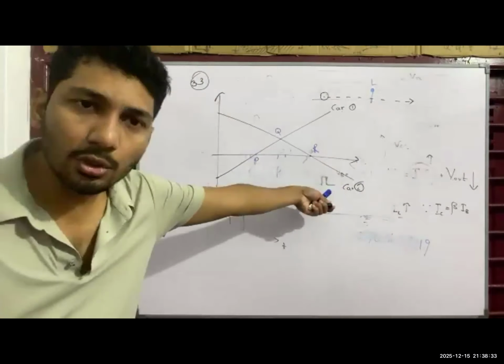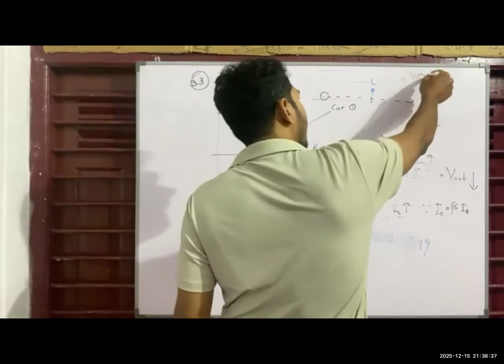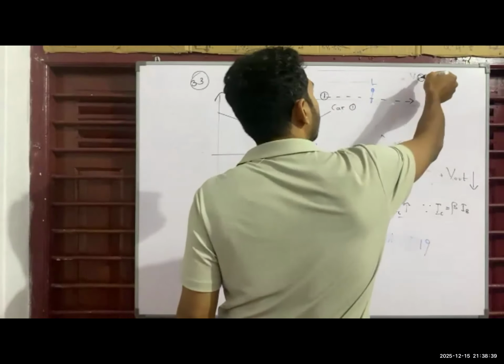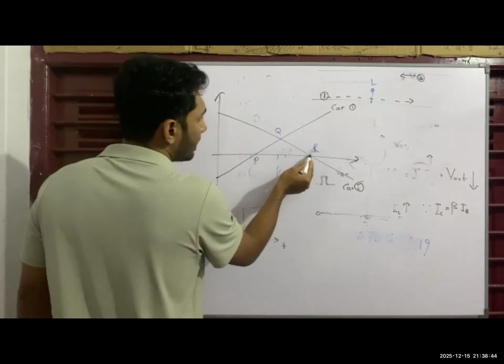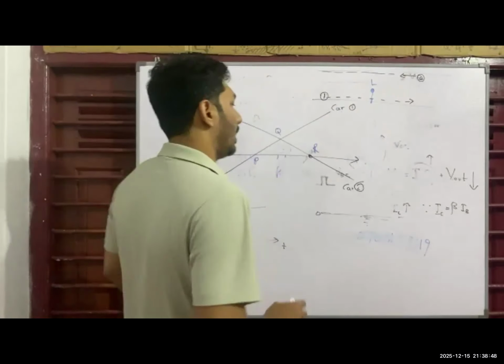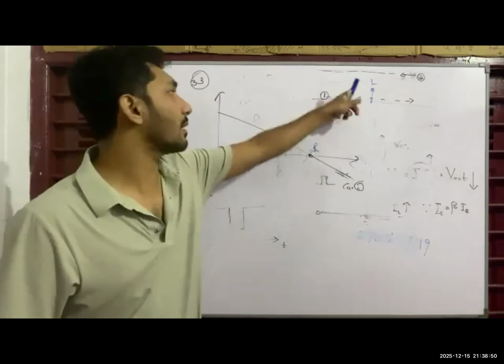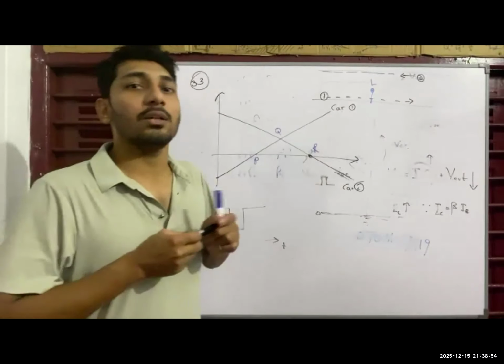Similarly, car 2 starts from the positive side, the right side. The displacement starts decreasing. It reaches the lamp and then goes in the negative direction, meaning it comes to the left side. So this is what is happening.